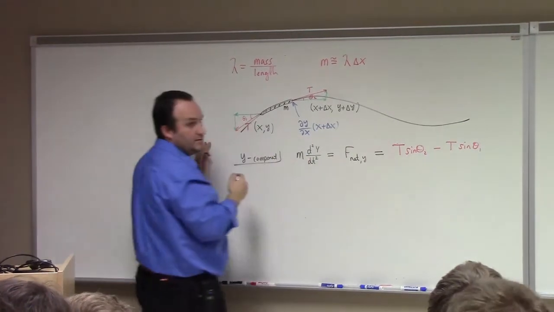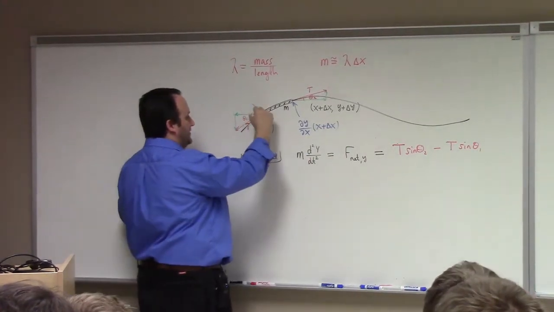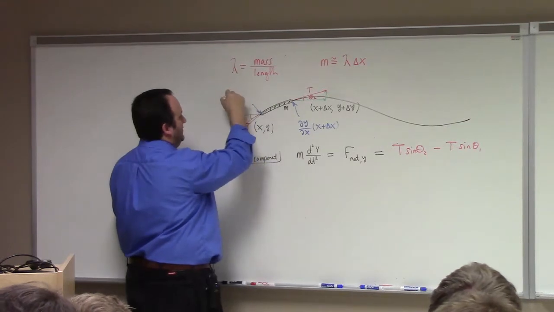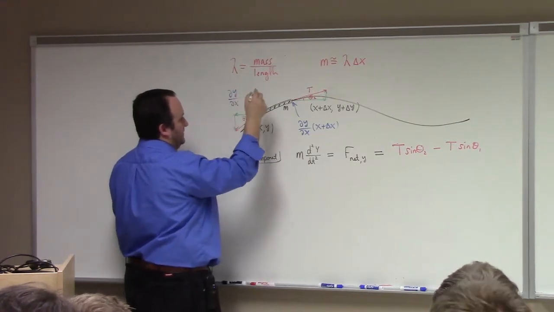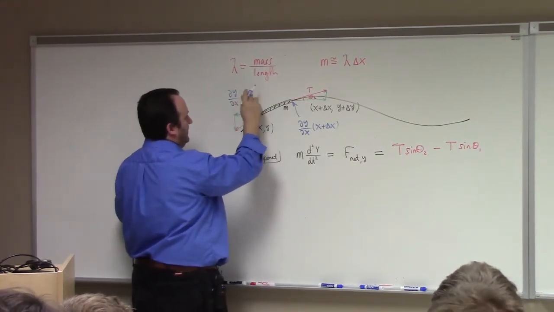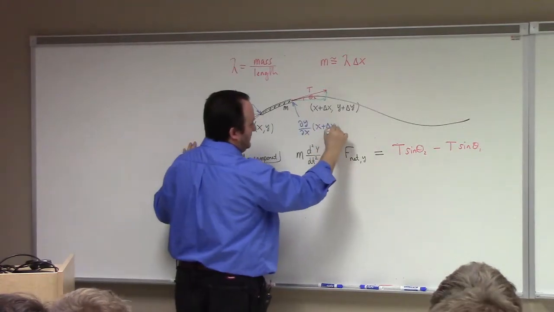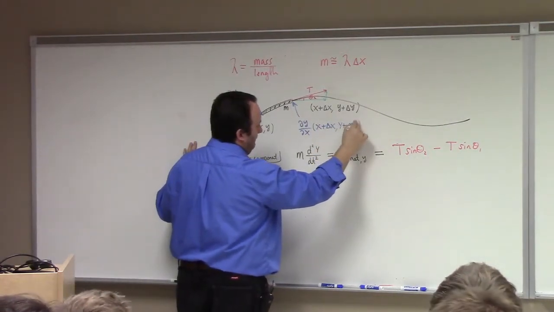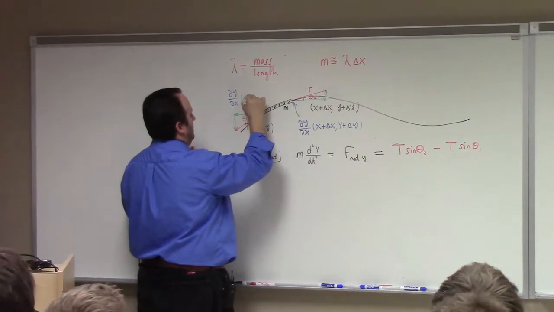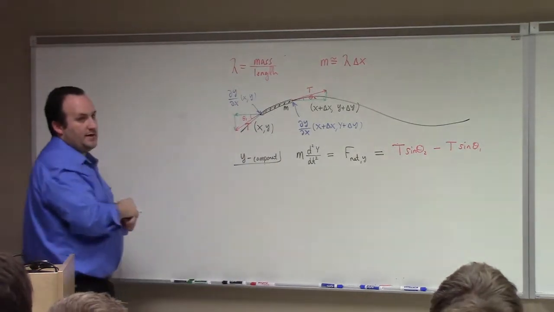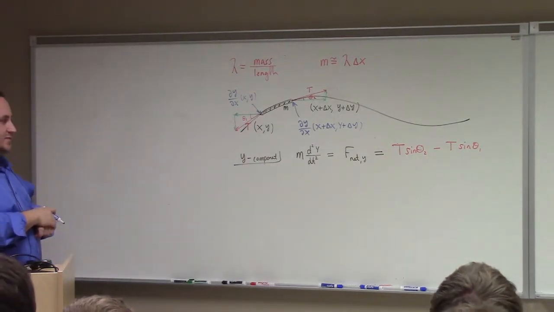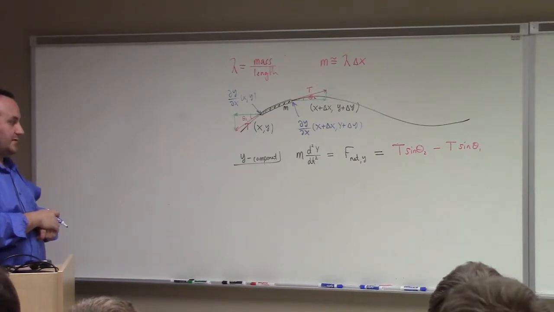All right. And over here, the slope of this would be partial y, partial x at x. Well, this is comma y, of course, but I'd like to use those slopes to write the y component.